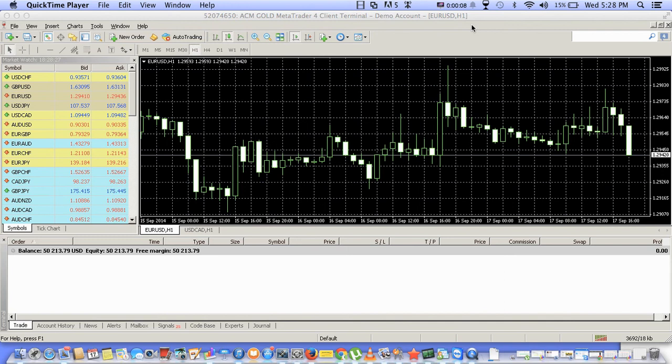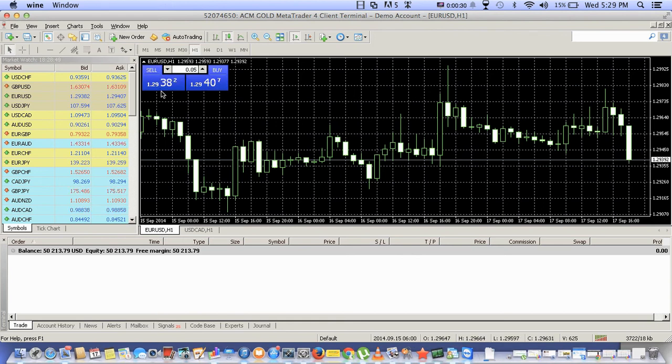Alright, so for the next part, I'm going to show you how to open your trades. There have been some updates to the MetaTrader software, so it's a lot easier to open and close your trades. On your chart, next to the currency pair, there's a very small arrow.